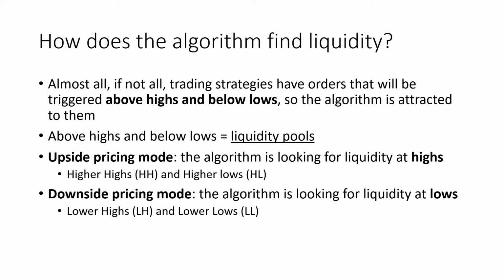The algorithm is constantly looking for liquidity on the specific scale that it's operating at. So we'll go a little bit into scale today, but I'm going to save scale for another video because it can be a tricky topic, as I had mentioned before. So let's go for it and see what that sort of upside downside pricing mode can look like.